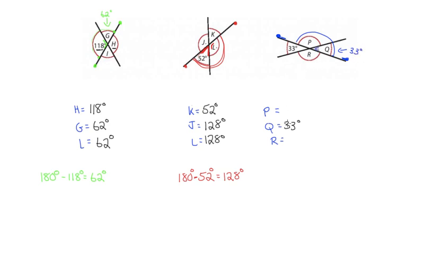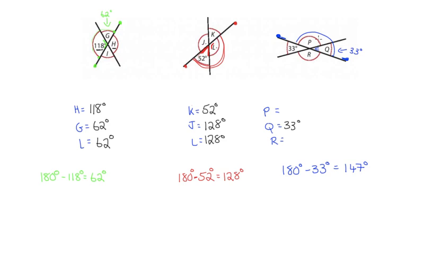So all we do here is we take 180 degrees and we subtract 33 degrees from it. So 180 minus 33, that would be 147 degrees.